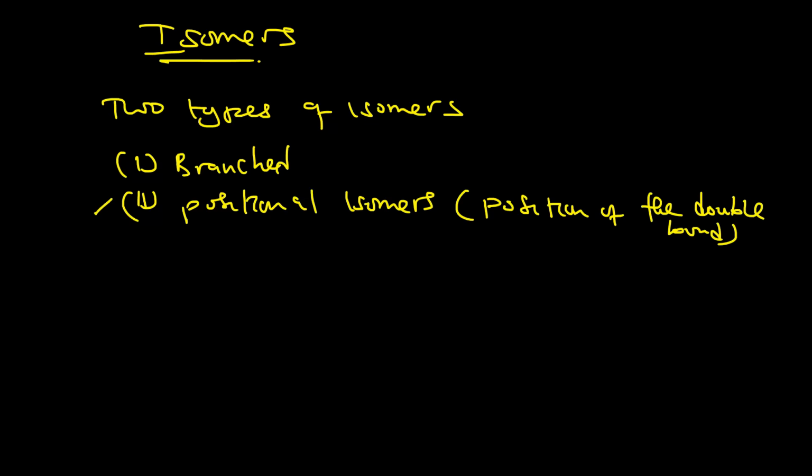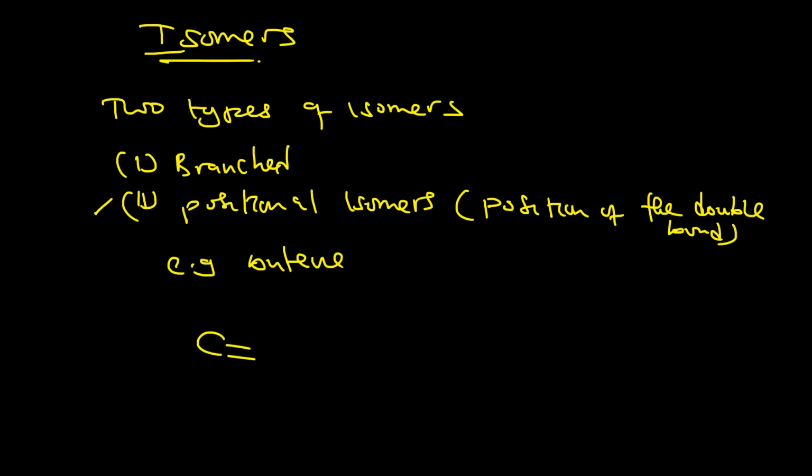So we begin with positional isomers. Alkenes with 4 carbons and above exhibit isomerism. For example, the first one that we are going to use is butene.